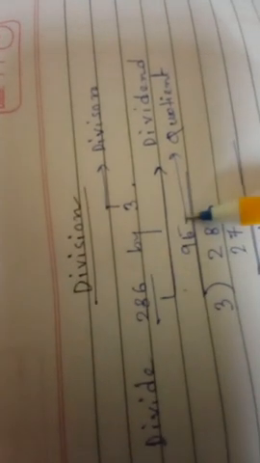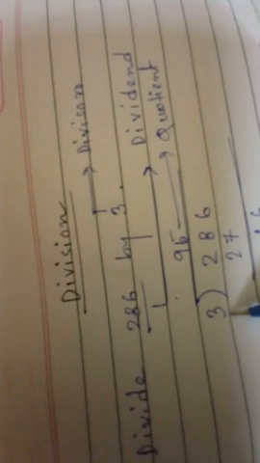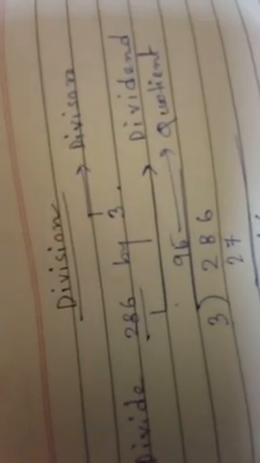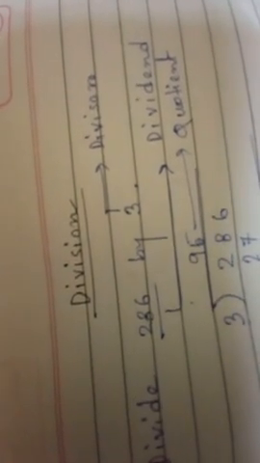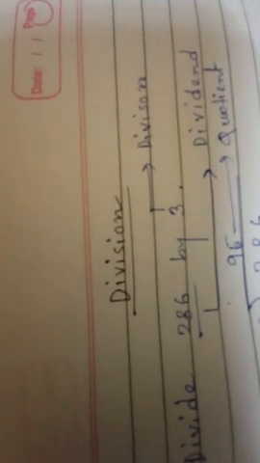Because this is the divisor, this is the quotient, this is the dividend, and this is the remainder. If you multiply 95 by 3 and then add the remainder 1, you will get the dividend. That way you can check whether it matches. It will equal the dividend.